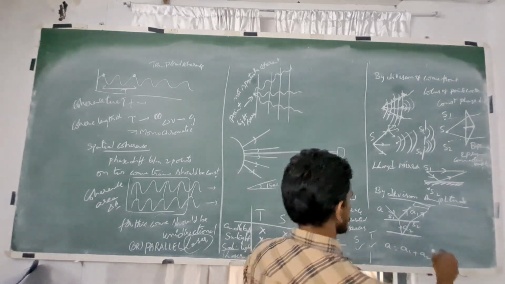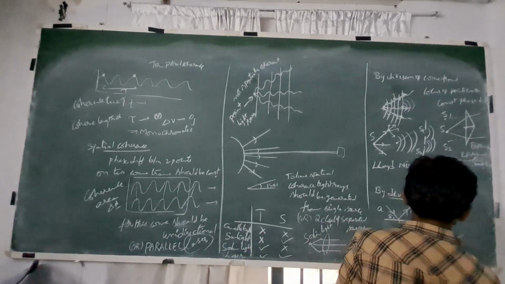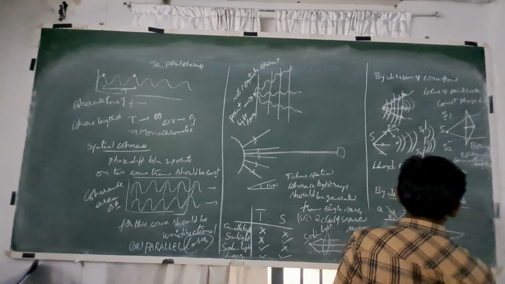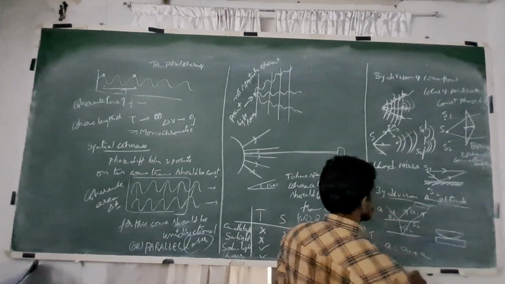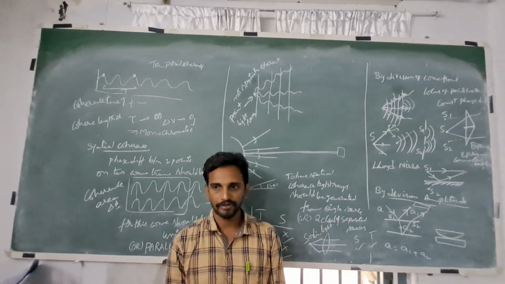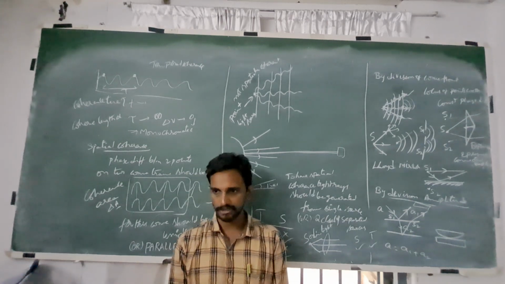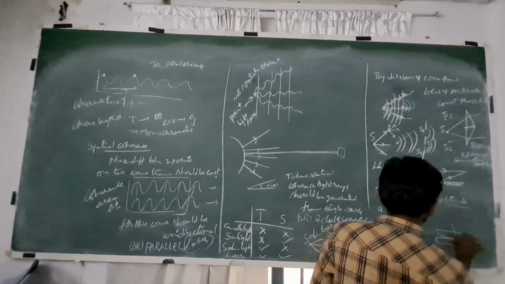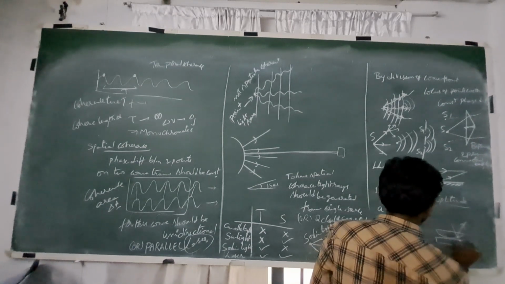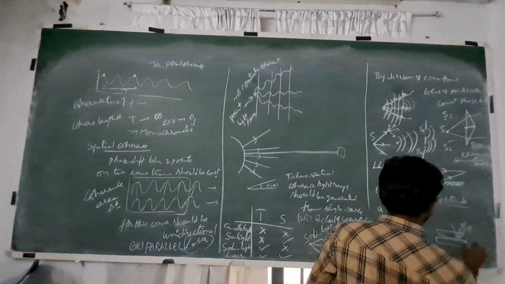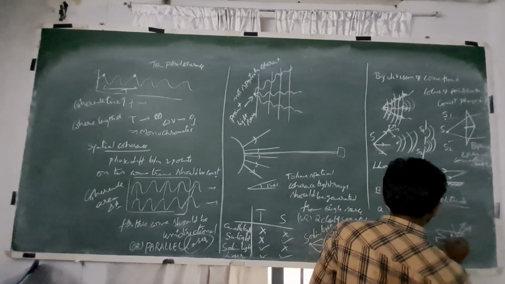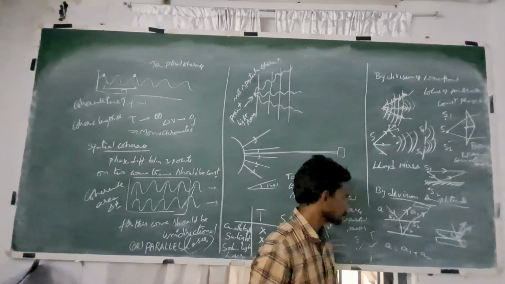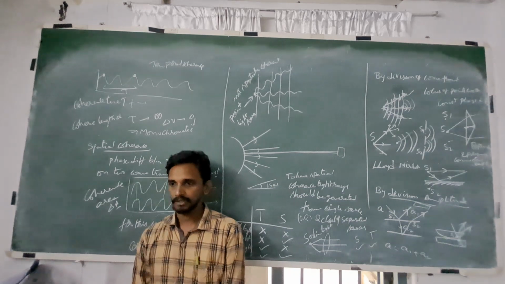So in Newton rings, light rays will be reflected on the air film trapped between two glass surfaces. So one light ray here, another on the bottom. So this is S1, this is S2.